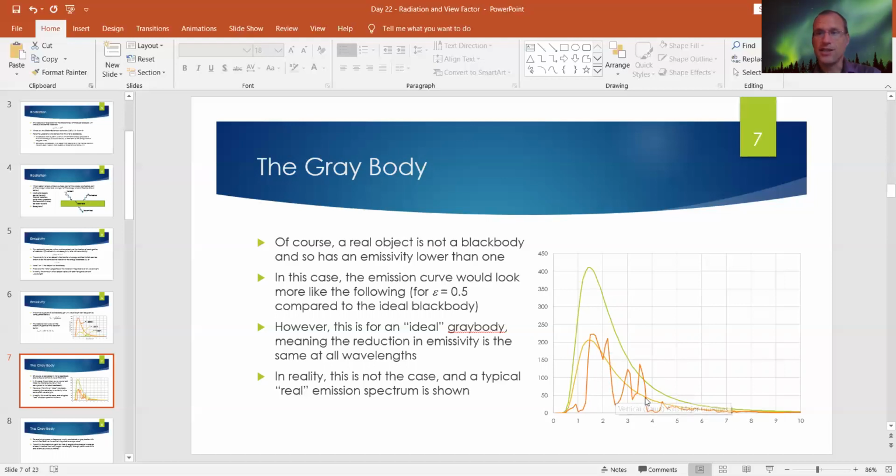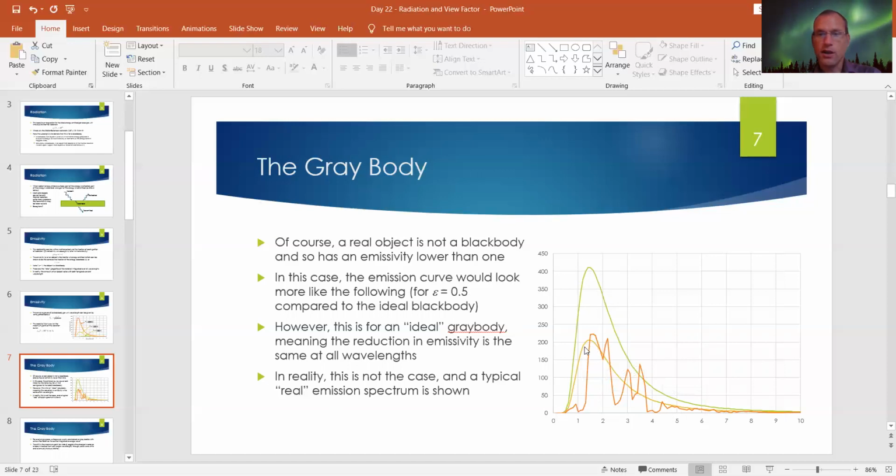And so that's kind of what a real emission spectrum is going to look like, but that's really hard to deal with. So instead of dealing with those, we take the integrated average. So integrate this orange guy over its entire wavelength spectrum, make that into a nice smooth curve, and that's this yellow line here, for epsilon equals 0.5. So that's an ideal gray body. So black body, epsilon equals 1, nice and smooth.